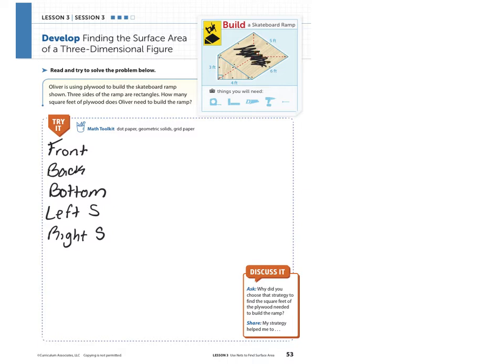So if I have the top of my ramp, you can call it the top, the front here is a 5 by 6. So I'm going to go down to my front and I'm going to put, it's a 5 by 6. Since it's a rectangle, I don't have to do a half, so area is just 30 feet squared. Okay, so that's my front.